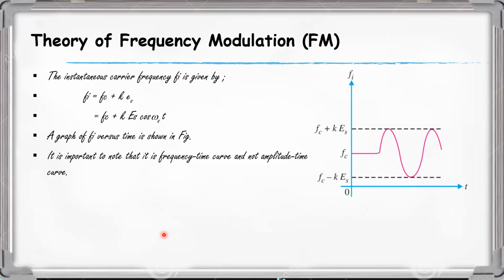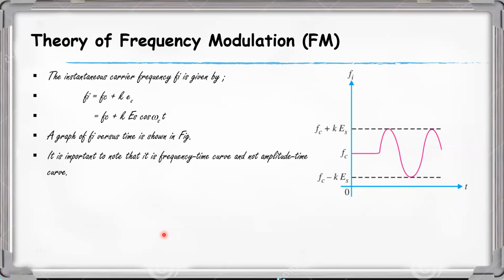It is important to note that it is a frequency-time curve and it is not an amplitude-time curve. That is, on the y-axis we mark the frequency of the carrier signal, and on the x-axis the corresponding time.